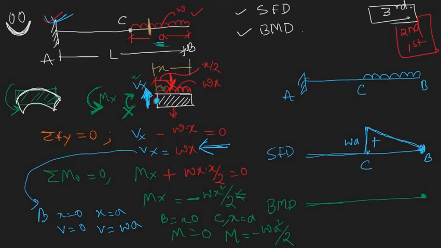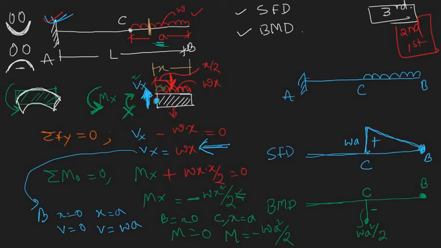But here it is like this, it is sad, so negative. So bending moment is negative, and we will plot towards the downside, that is minus, and it is W A square by 2. Now how does it vary from point B to point C?